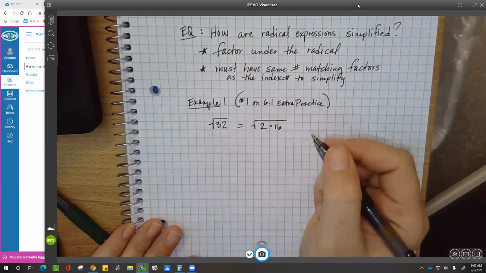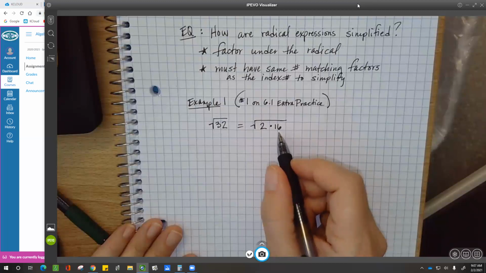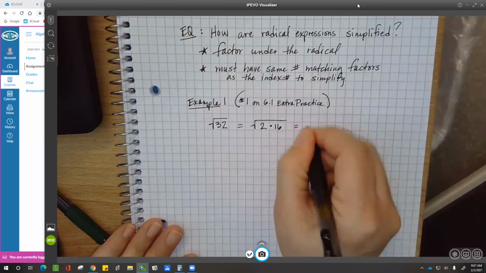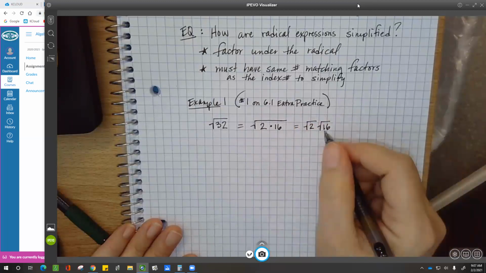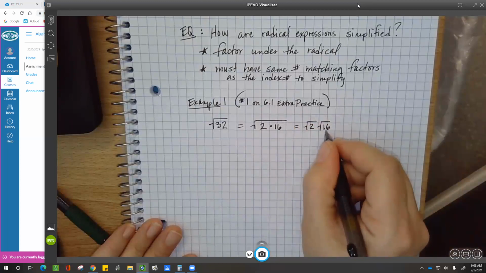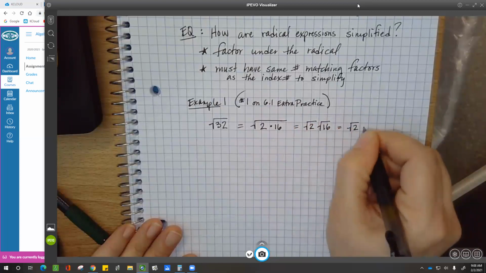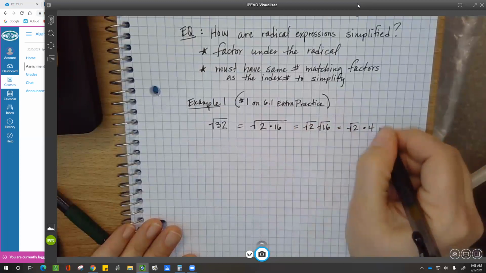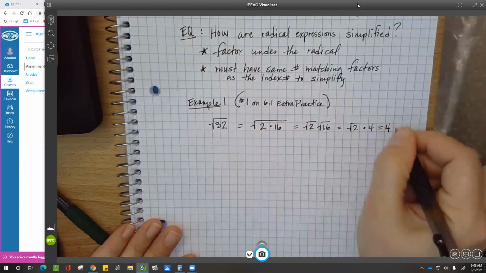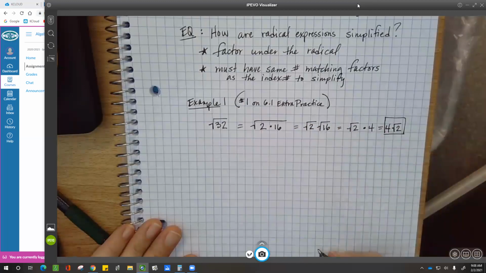And I really don't need to break it down more than that. 16 is a perfect square, I can write this as square root of 2, square root of 16. This is going to be square root of 2 times 4. Square root of 16 is 4. But I write it with the integer first, like this.